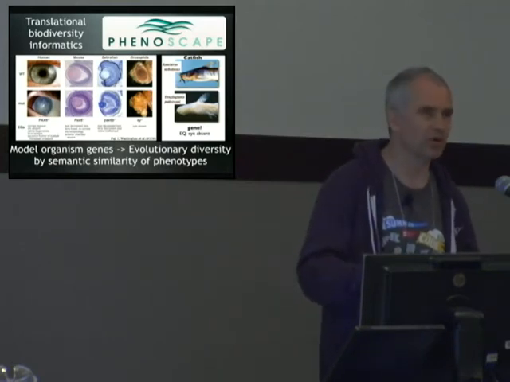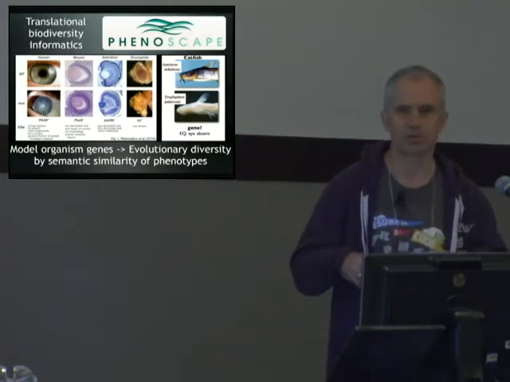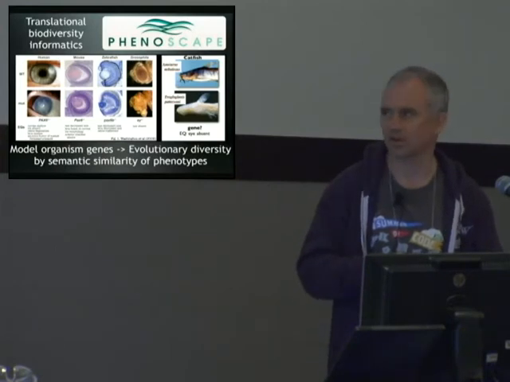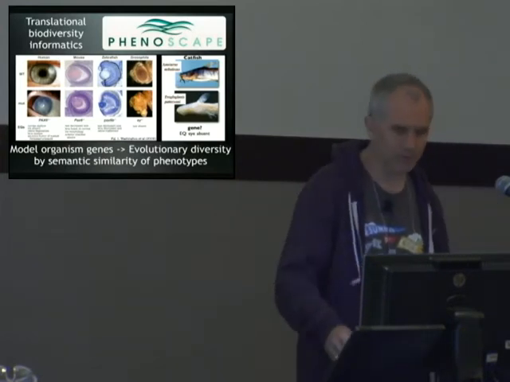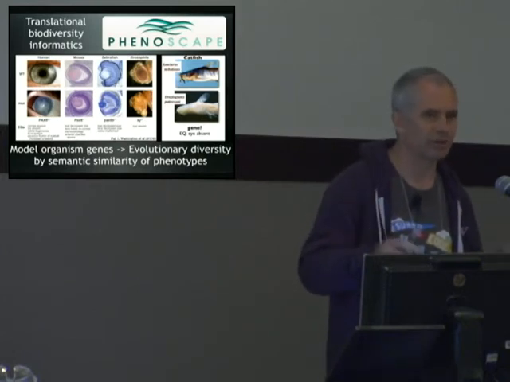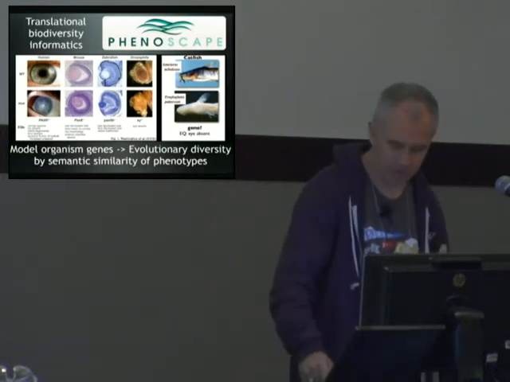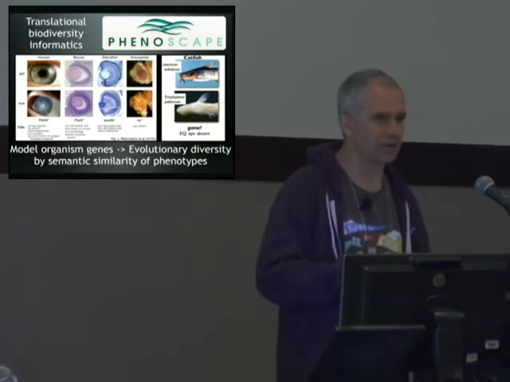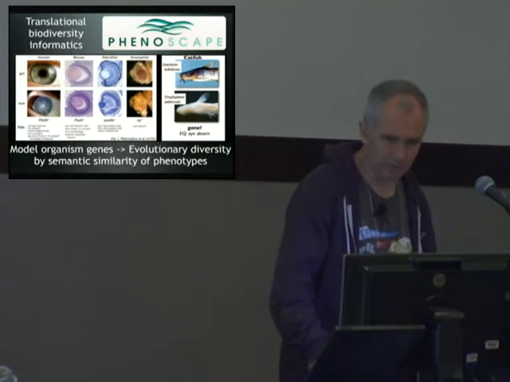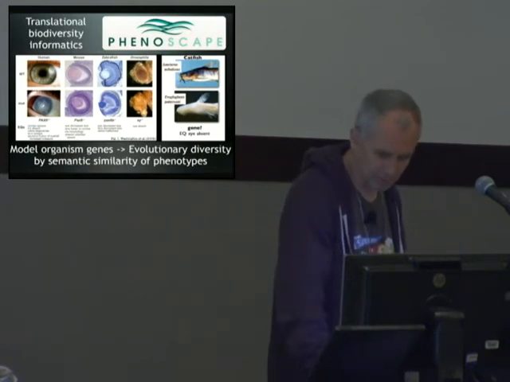We take that same approach and instead connect phenotype observations from model organisms with the natural diversity of phenotypes in the biodiversity of life. There are other applications of this, but one of them is to underpin the causes of diversification with genes and how these genes evolved.